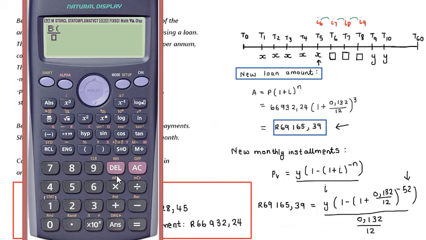And we can just type that whole thing in. So we'll start with our fraction pattern, and then we need 1 minus 1 plus 0.132 divided by 12 to an exponent of minus 52, and then 0.132 divided by 12.